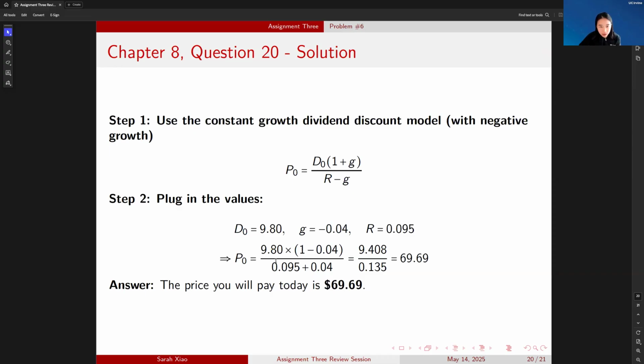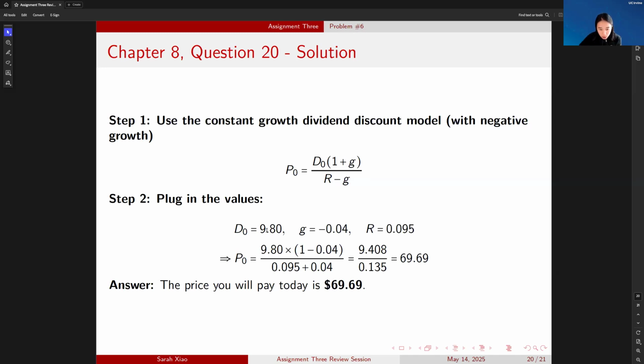Okay, so here is the solution for the question. So we already identified that we need to use the same constant growth dividend discount model, just with a negative number for the growth rate. And next, we can just plug in the values given in the question.